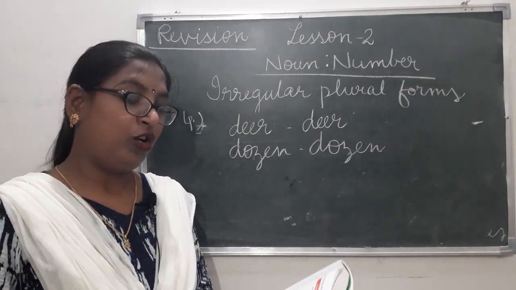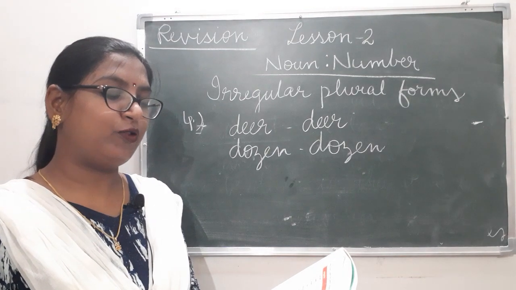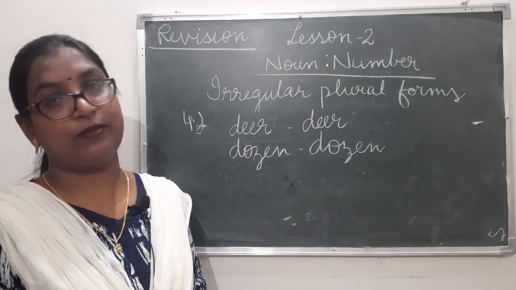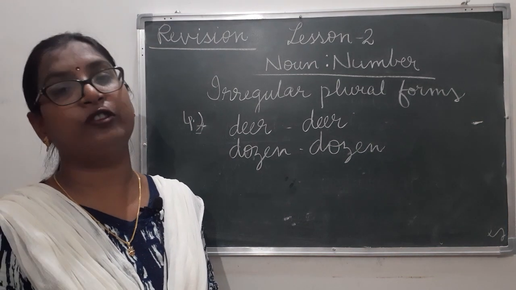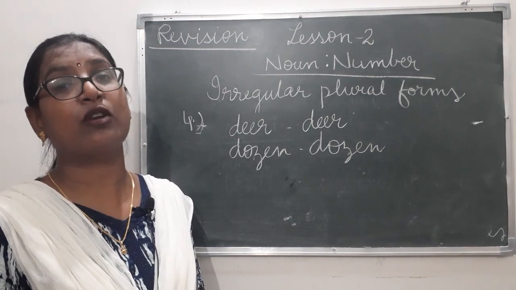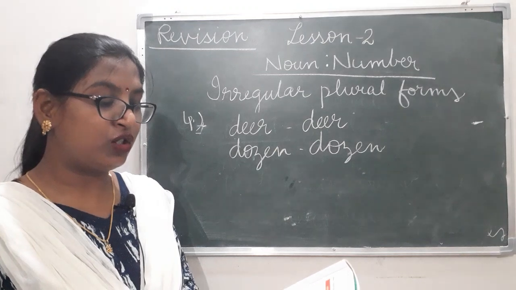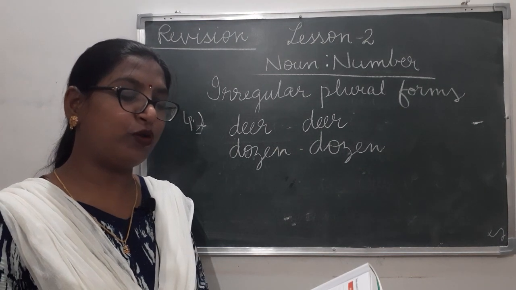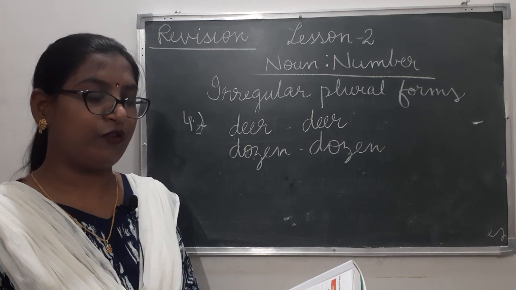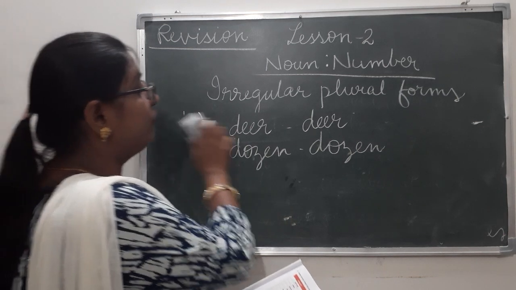Now, foreign plurals. Some words in English have been borrowed from other languages. Those are called loan words. In English, the words which we take from other languages are called loan words. So, formation of plurals for such words is different from the usual. We need to learn those words.